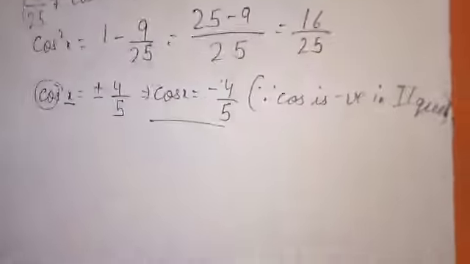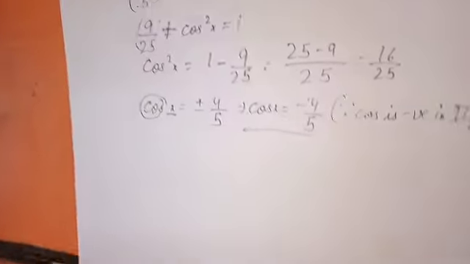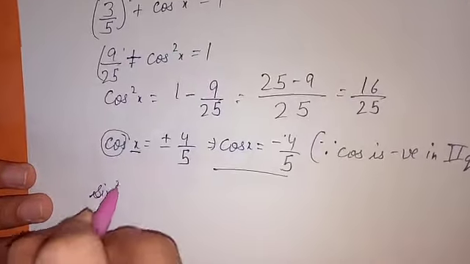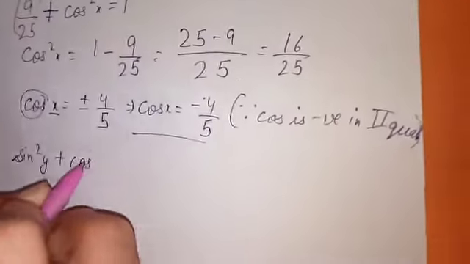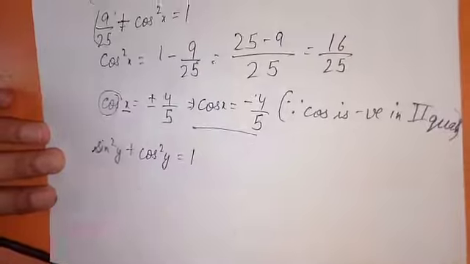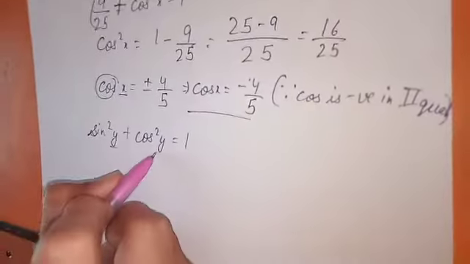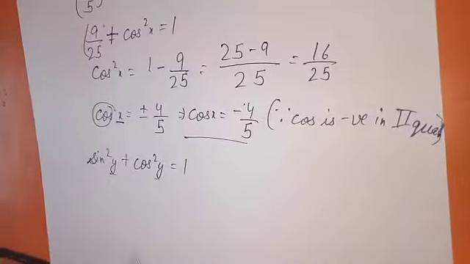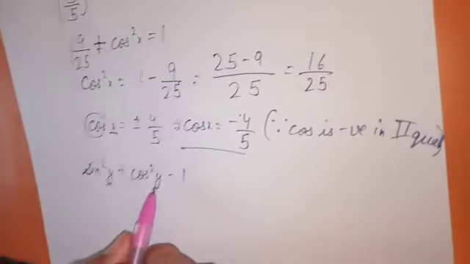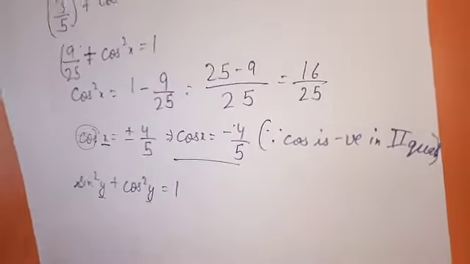Now we find the value of sin y. So again we will use the same identity. Now we can write sin square y plus cos square y is equal to 1. Our angle must be the same, whatever it is. Cos y value we are having minus 12 by 13.